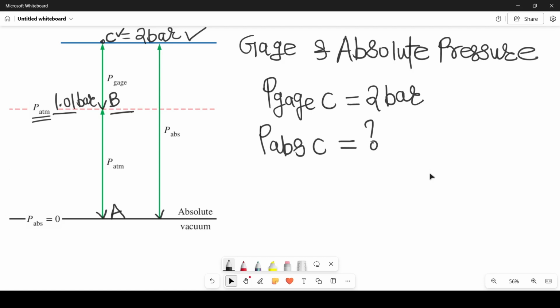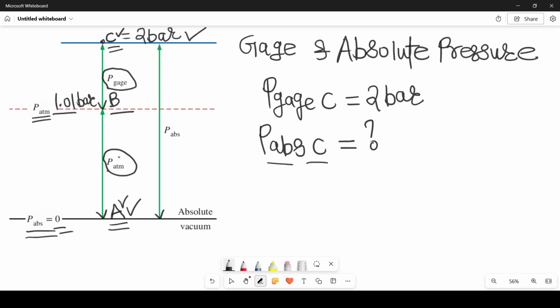So now the next question is, what is the absolute pressure at point C? We know that absolute pressure is measured from the zero absolute pressure axis, from point A. So if I want to measure pressure at point C, I will measure it from this point A. So from point A to point B, the pressure is atmospheric pressure. And from point B to point C, the pressure is gauge pressure.